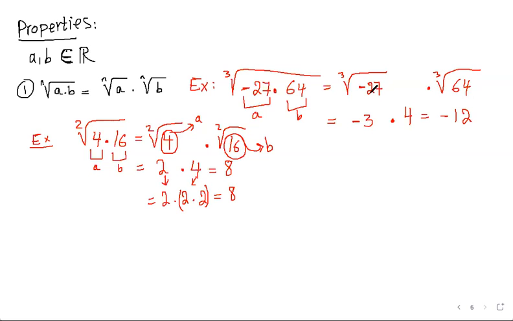But for a negative inside, they give me a negative answer. Look here, the third root of minus 27 gives me minus 3, a negative answer. For the third root of 64, the positive inside gives me a positive answer, 4. Minus 3 times 4 is minus 12. Did I answer your question?